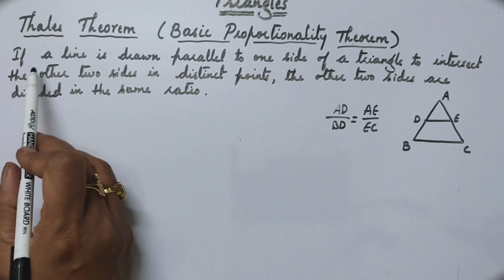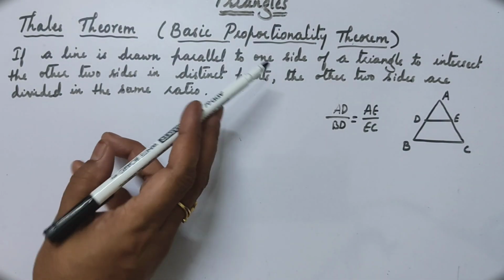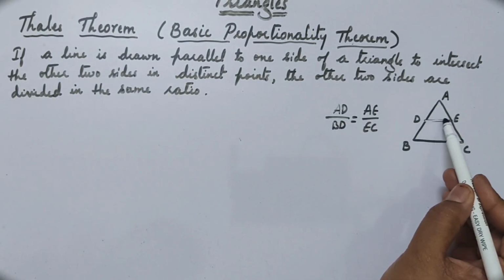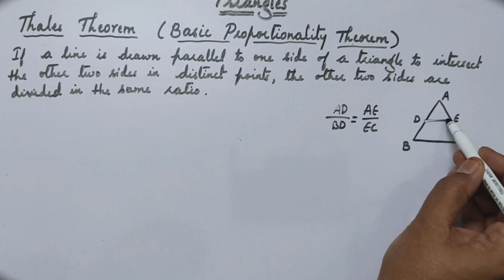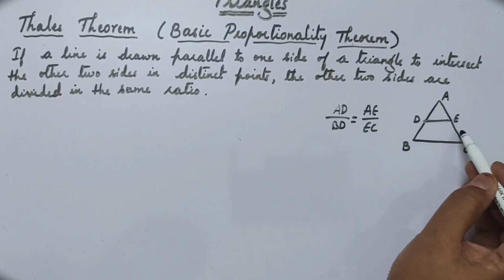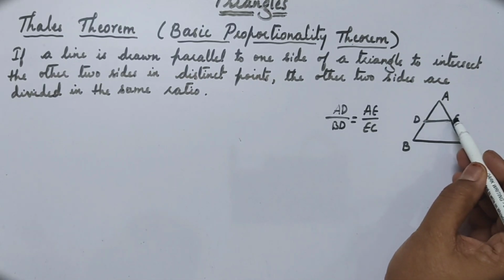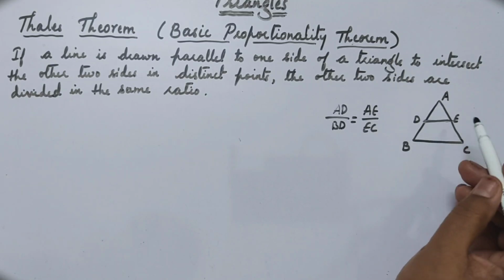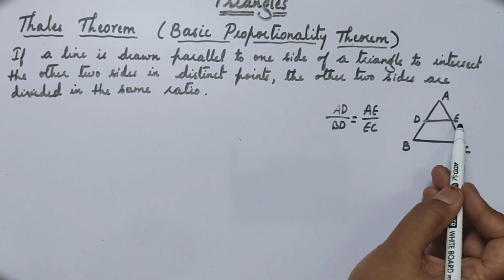That means if a line is drawn parallel to one side of a triangle, so this is a line which is drawn parallel to one side of a triangle, okay, which is intersecting the other two sides in distinct points. These are the 2 points, students. Okay, so the line, what I can say, the line is DE.